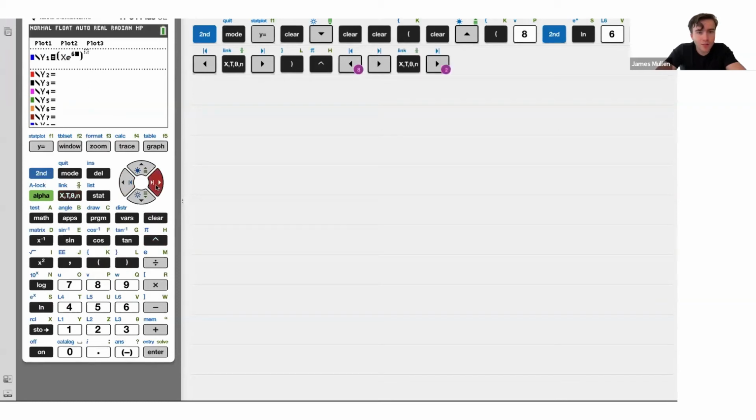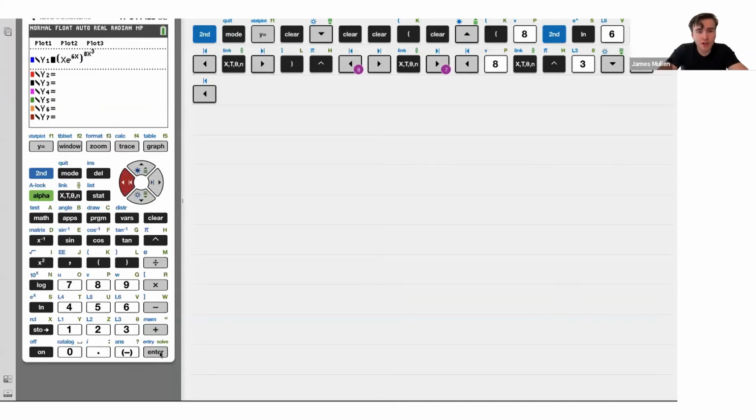Okay, that is what I have. And I'm just double checking that is the curve that I have indeed. Yes, that's perfect. So that is the function that I have.